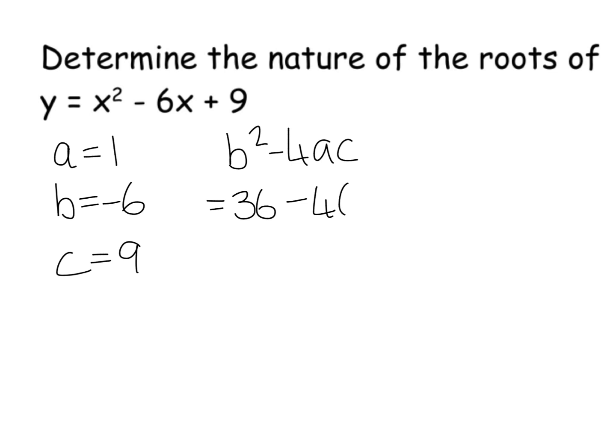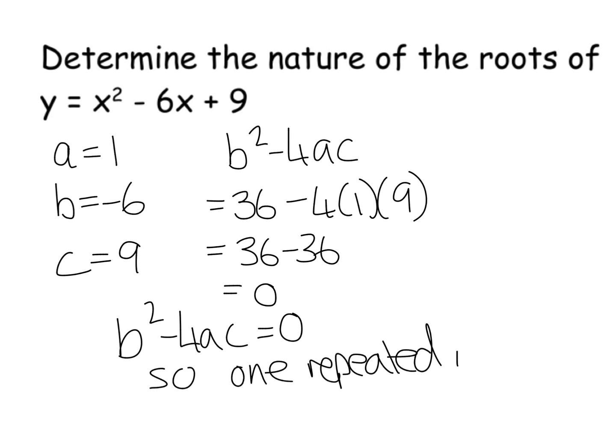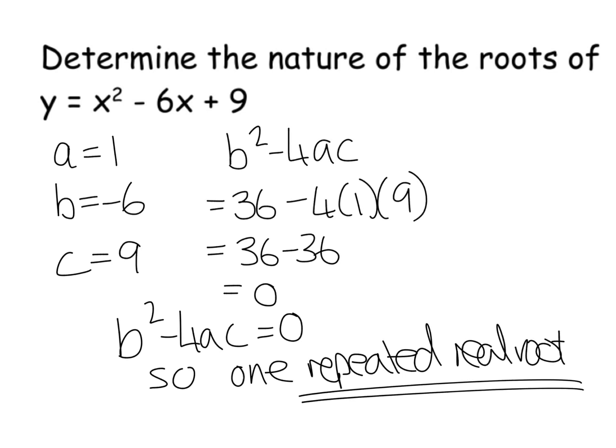Take away 4 times 1 times 9, which gives you 36. Take away 36, which is 0. So then you write b squared minus 4ac equals 0, so 1 repeated real root. That was the wee statement. Excuse my writing. So there's your conclusion. 2 marks. Woohoo! Brilliant. Easy marks.